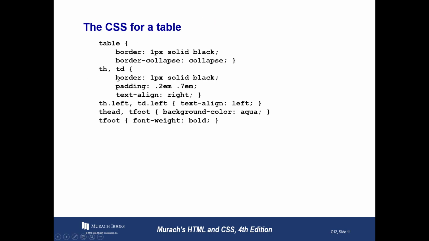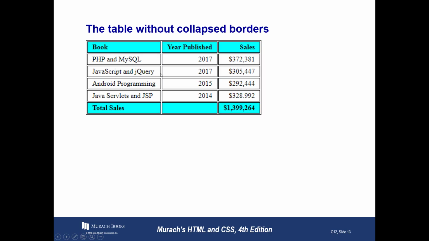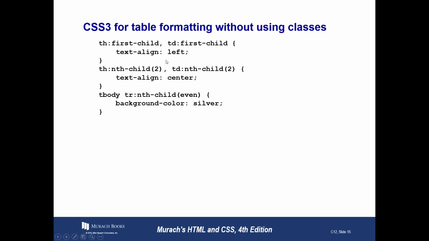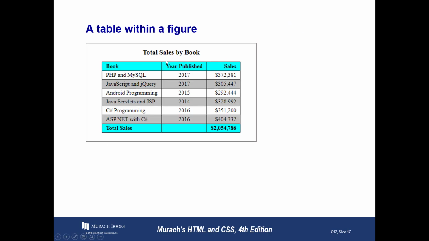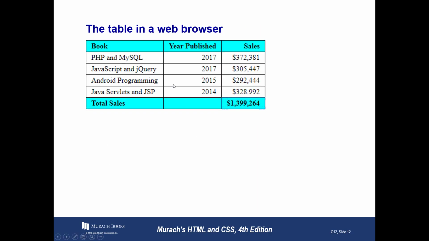So here's some CSS, and notice what we have there. We've got border collapse, collapse. All right, so there's the table. And there it is without collapse borders. So there's what it looks like.